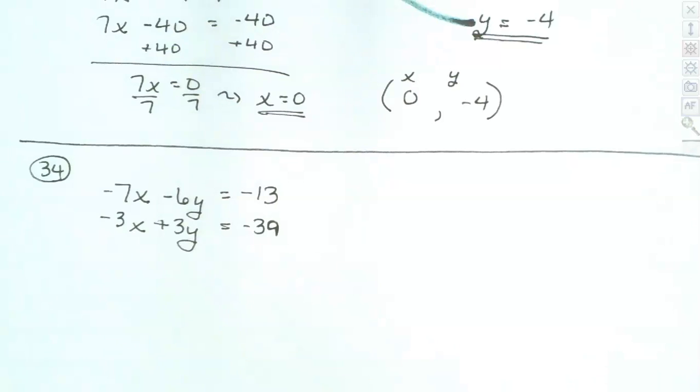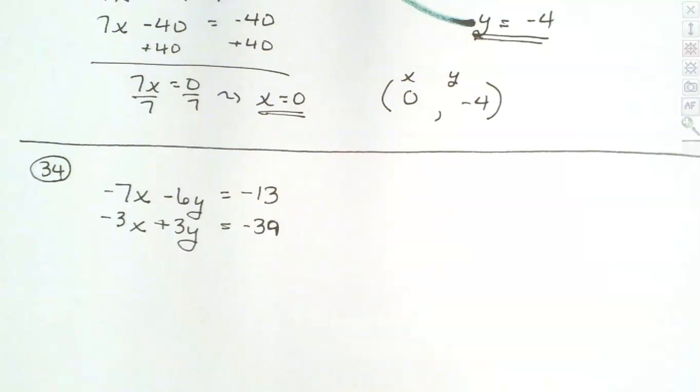So I'm going to work this one out a little bit slower here. What's our goal? Our goal is to get rid of one of the variables. Which one looks like it's got easier numbers to work with? Well, the y, because the y has that 6 and 3. So I think we can make them both 6.